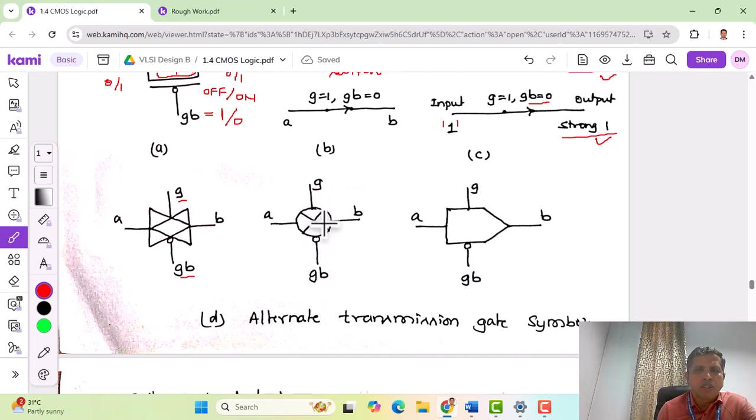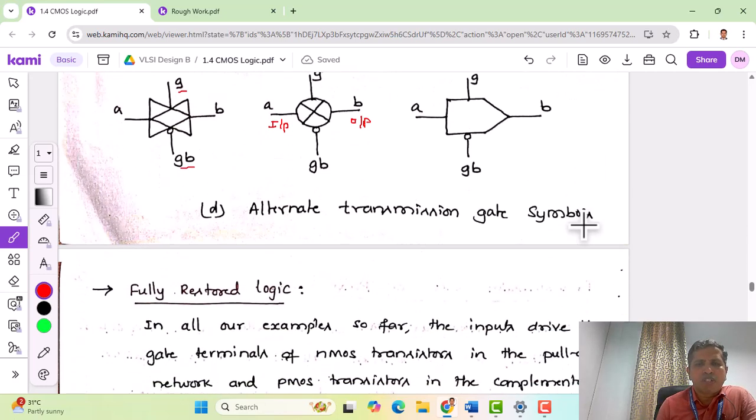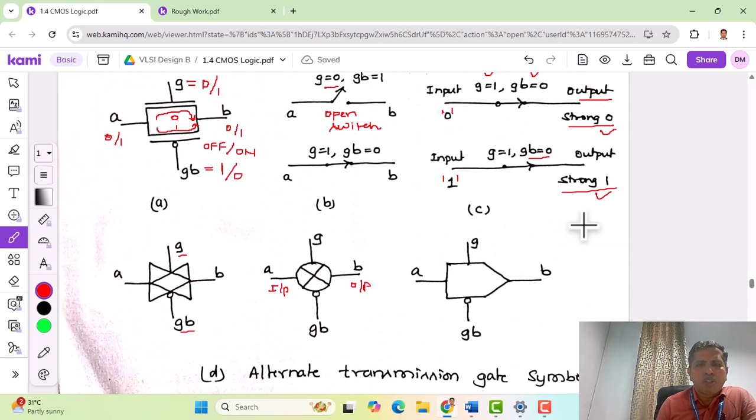So this is a complement control signal. A and B are the input and output, the transmitter and the receiver. This is another version of the symbol: a box with an arrow mark, G and GB as usual are the control terminals, and A and B are the input and output respectively. So this is about the transmission gate.